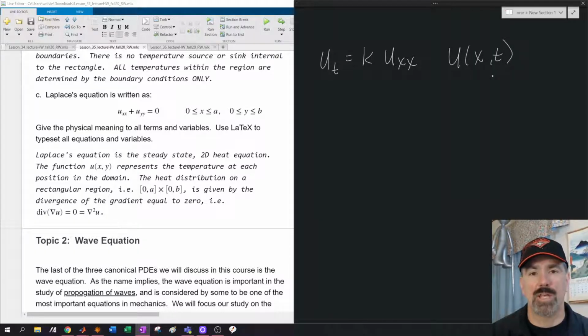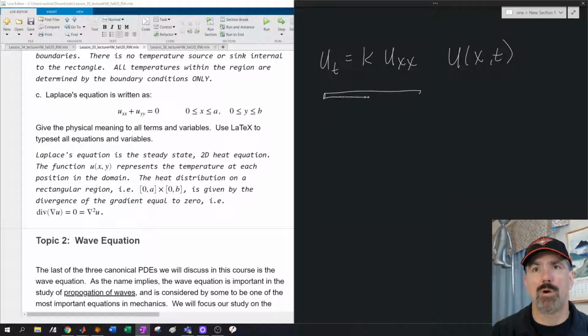And so we've been looking at this problem for quite some time. It's not a big stretch to think instead of looking at one-dimensional heat flow along a rod, for example, we could consider two-dimensional heat flow through a plate. So we could have temperature that is moving around in a two-dimensional plate.